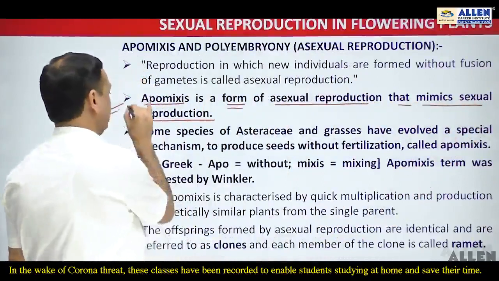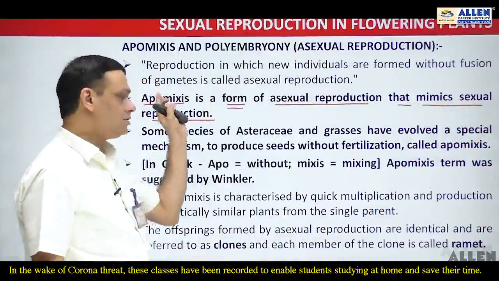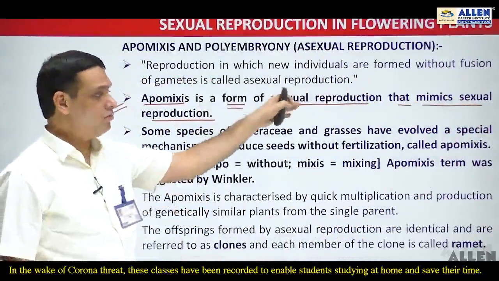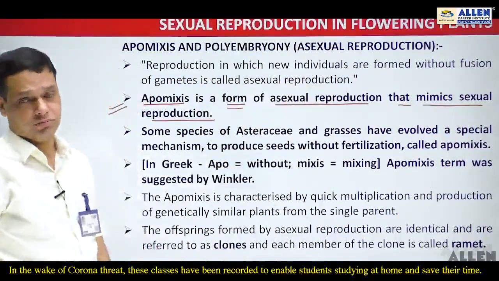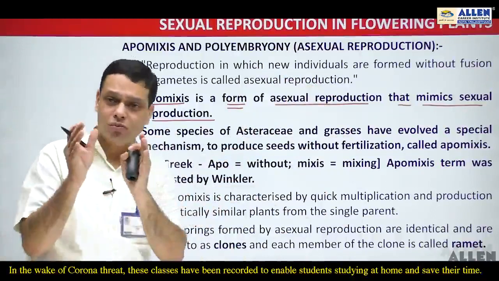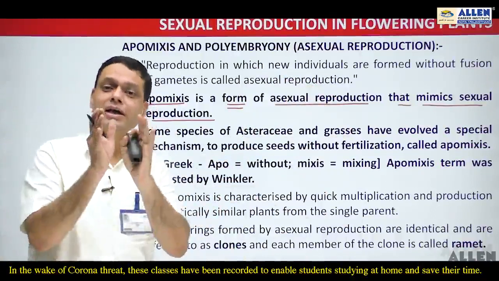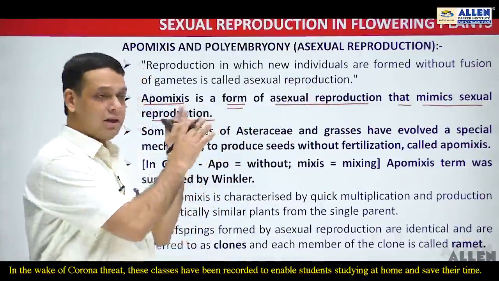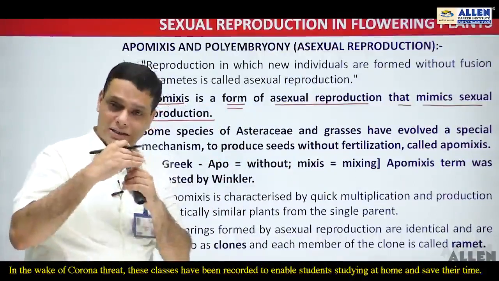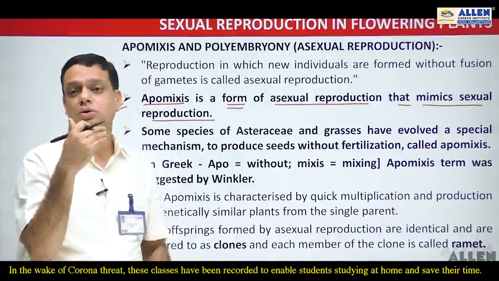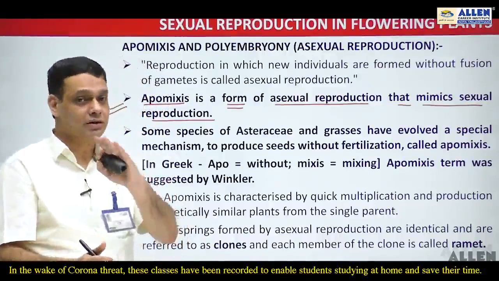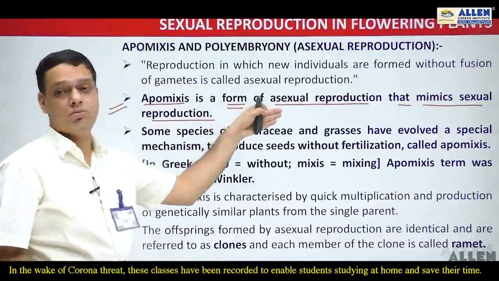A very important line of NCERT: apomixis is a form of asexual reproduction, but it mimics sexual reproduction, because the structures which are formed in sexual reproduction are also formed in apomixis, but apomixis is without meiosis and without fertilization. That's why we can term it an asexual mode of reproduction.